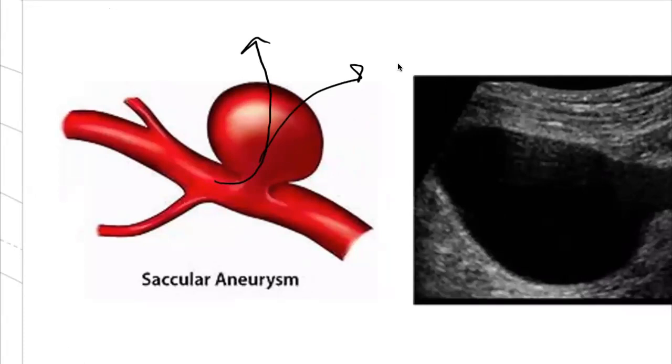It says that when there is a rupture, these patients will become hypotensive quickly. That means their blood pressure decreases really quickly, and that's a big sign of rupture. You will hear that multiple times when we talk about aneurysms: high blood pressure typically causes the aneurysm, but when it ruptures, the patients will have low blood pressure, so hypotensive.